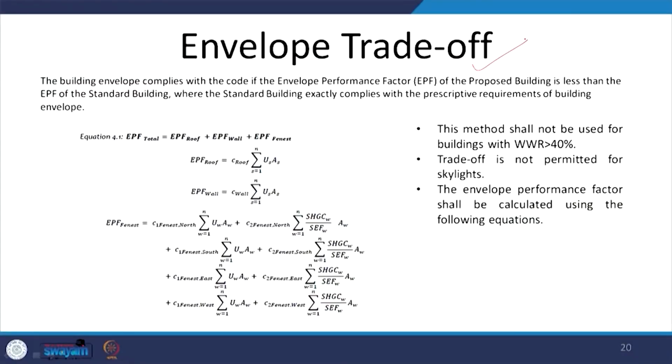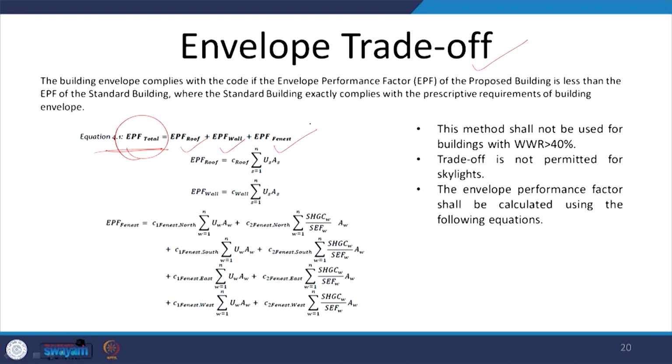In this, the energy performance factor of the proposed building will be compared with that of a base building, and this overall envelope performance factor is a sum total of EPF of roof, EPF of wall and EPF of fenestration.